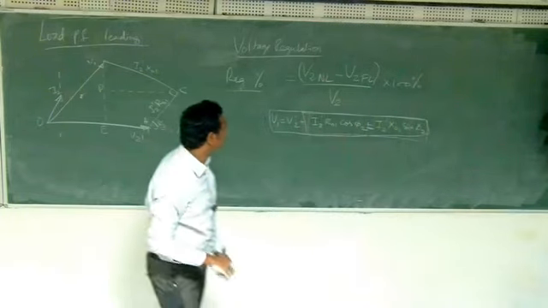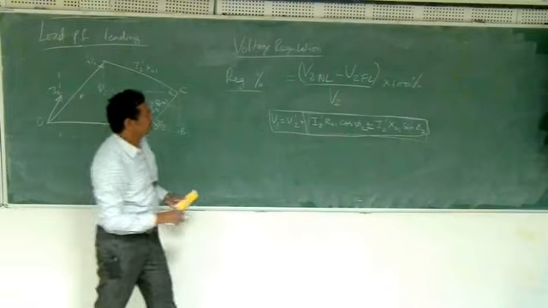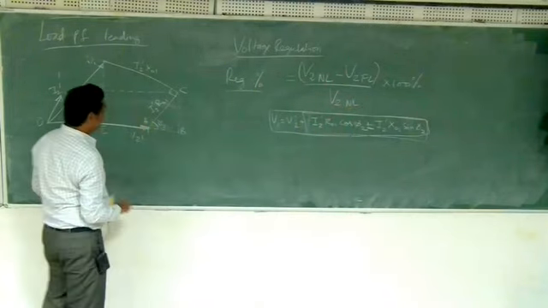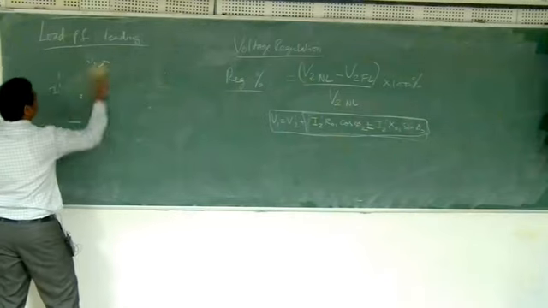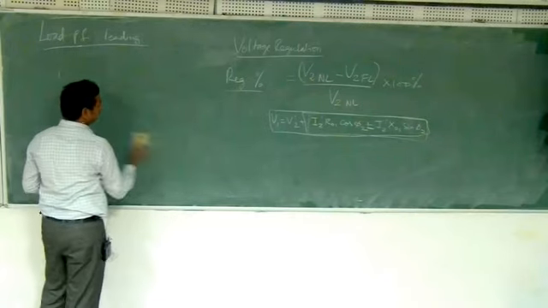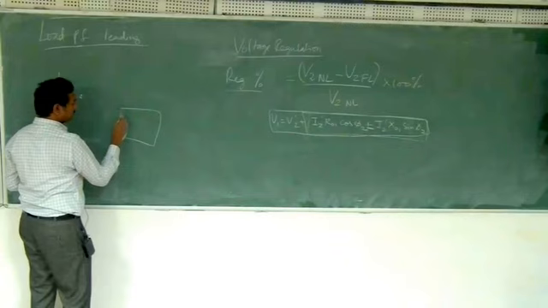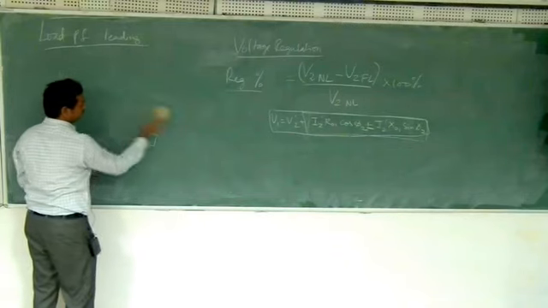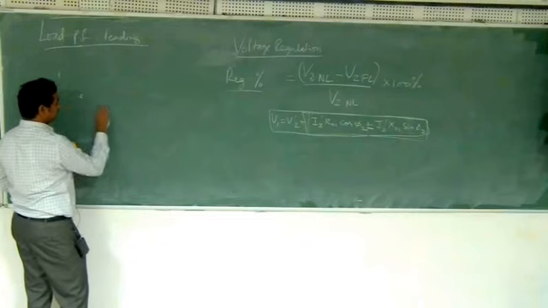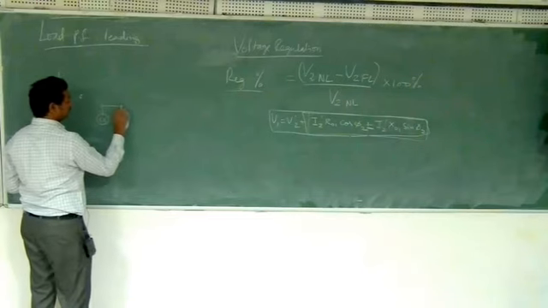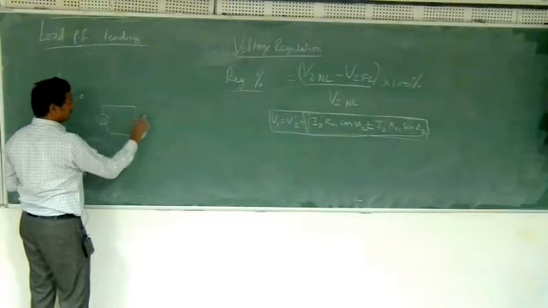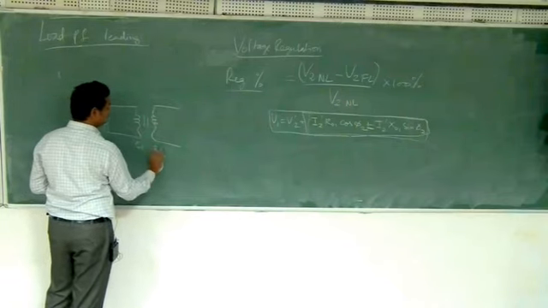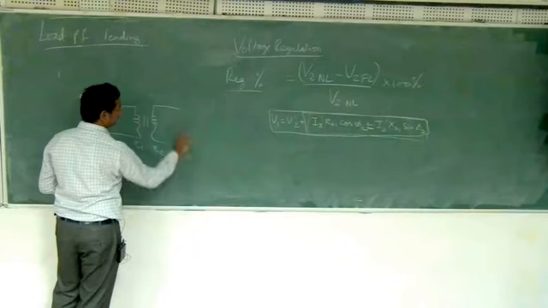Okay, let me explain. Take a transformer. This is a transformer. Let me draw it. So this is E1, E2, V2.